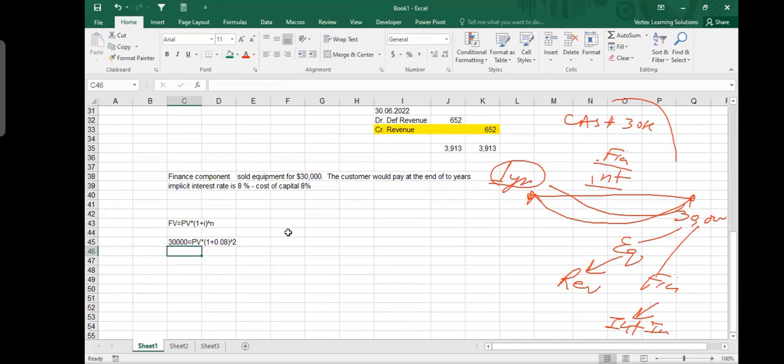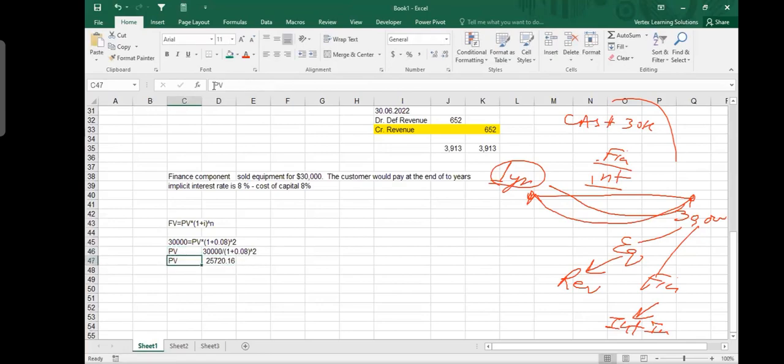And when I find out the present value, I would say like this: 30,000 divided by 1 plus 0.08, using my discount rate as 8%, and the time period is 2. Now if I put it here, it makes 25,720.